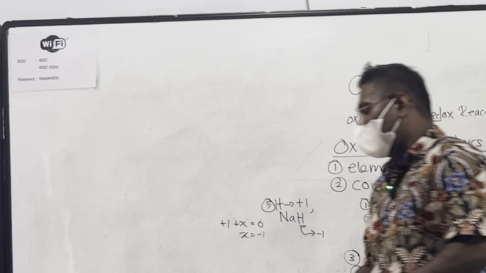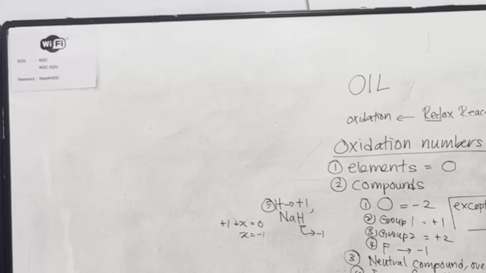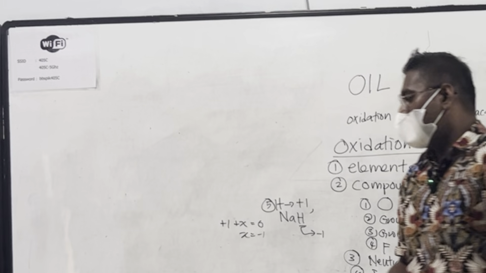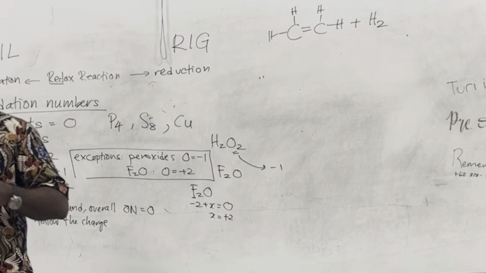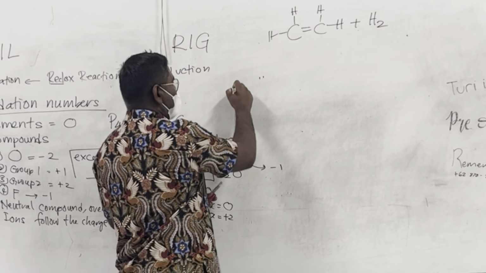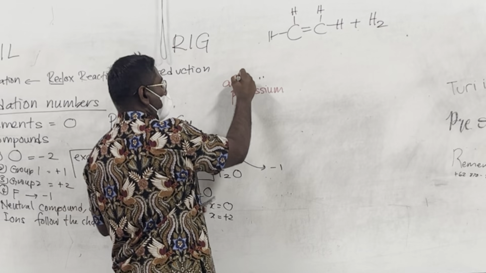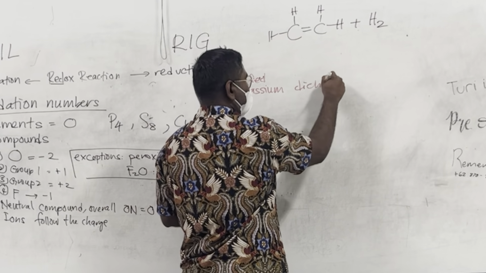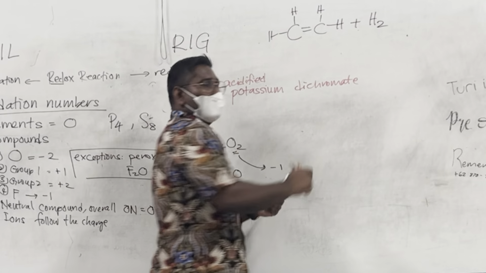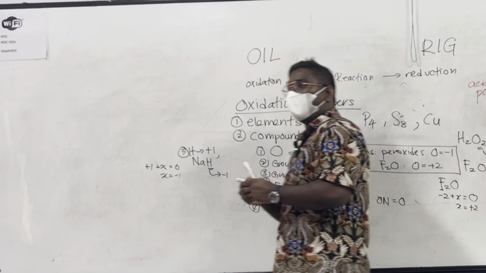Now it is important for us to learn why we use oxidation number. Last time when you learned about oxidation number, we also learned about acidified potassium dichromate, and then there is a bracket and there will be a number over there.